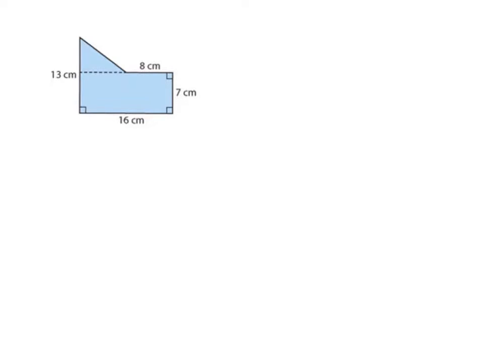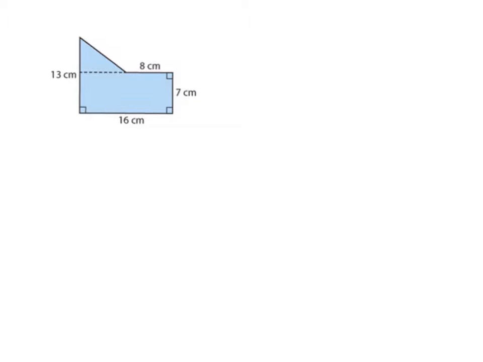In the first example, I have a rectangular shape and then a triangular shape. We have to find the total area of this shape, because I can't just multiply all these numbers together or add them together, since that's not going to give me the area.